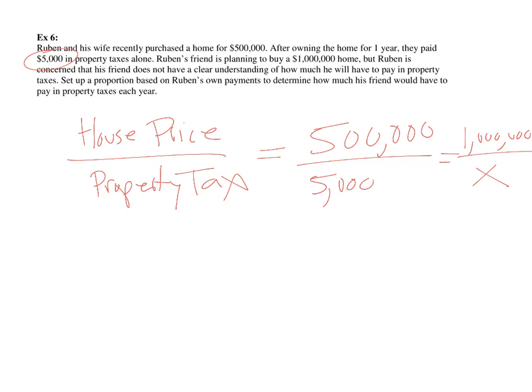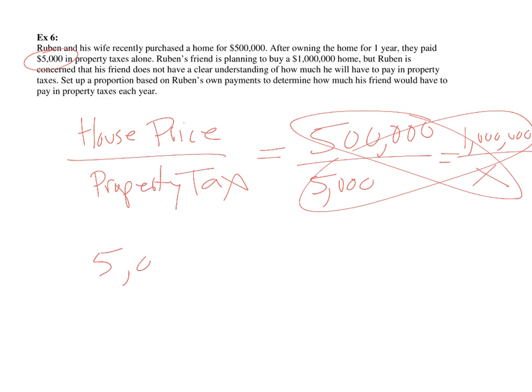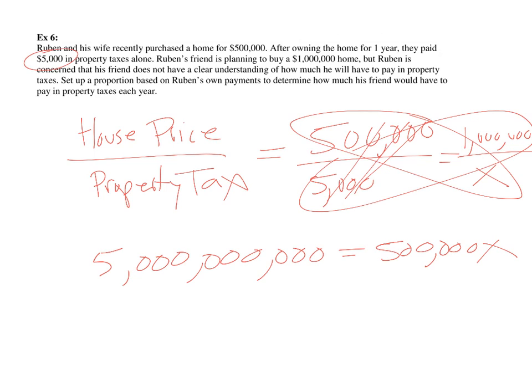Very basic problem. I will cross multiply, and I have 5 billion is equal to 500,000 times X. We could have canceled out the zeros in the beginning, which can make life easier, but I'm just going with these large numbers to start with.